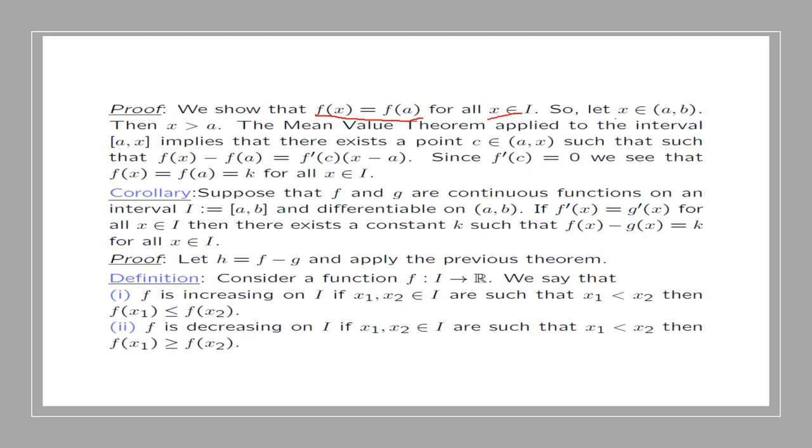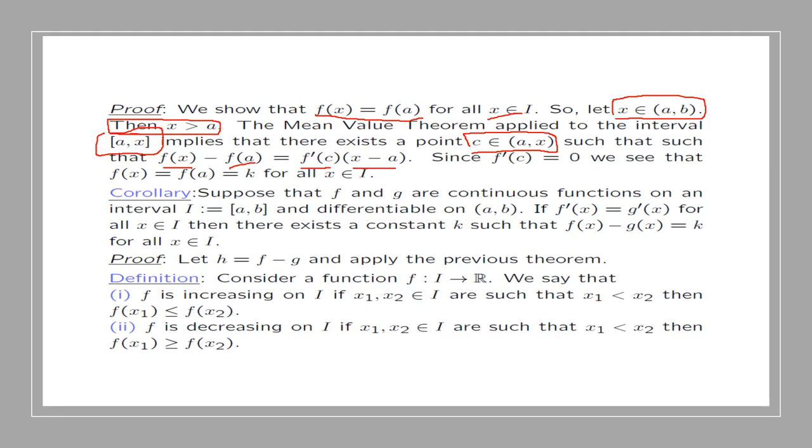So to do that, let x be in the open interval AB, then for sure x is bigger than a, okay? So we simply apply the mean value theorem to the closed interval ax, and we obtain a point C in the open interval ax such that f of x minus f of a is equal to f prime at C times x minus a.